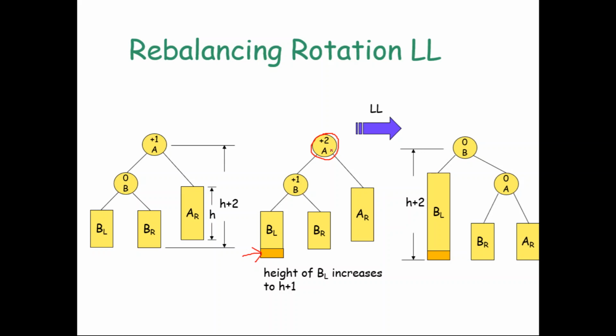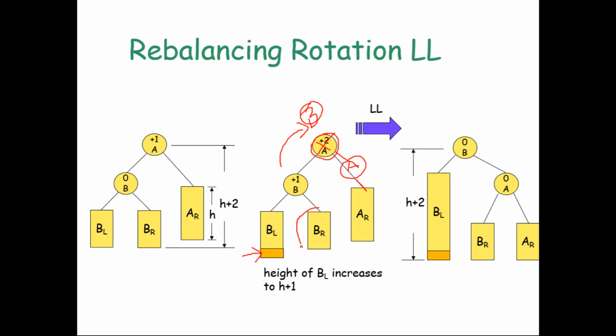When you perform a right rotation on A, B will come up, and A will go down. AR stays as the right child of A. But when B comes up, where will BR go?